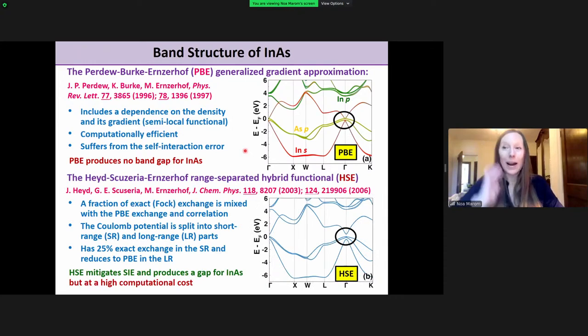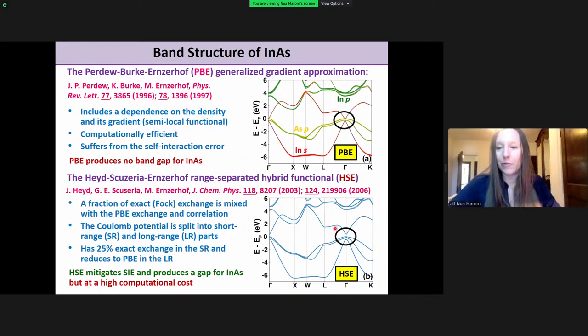So there are more accurate approximations called hybrid functionals. And the reason they're called hybrid is that some fraction of exact exchange is mixed with the semi-local exchange and correlation. The problem with the exact exchange is that it's a non-local operator, and so it's an order of magnitude more expensive to calculate.